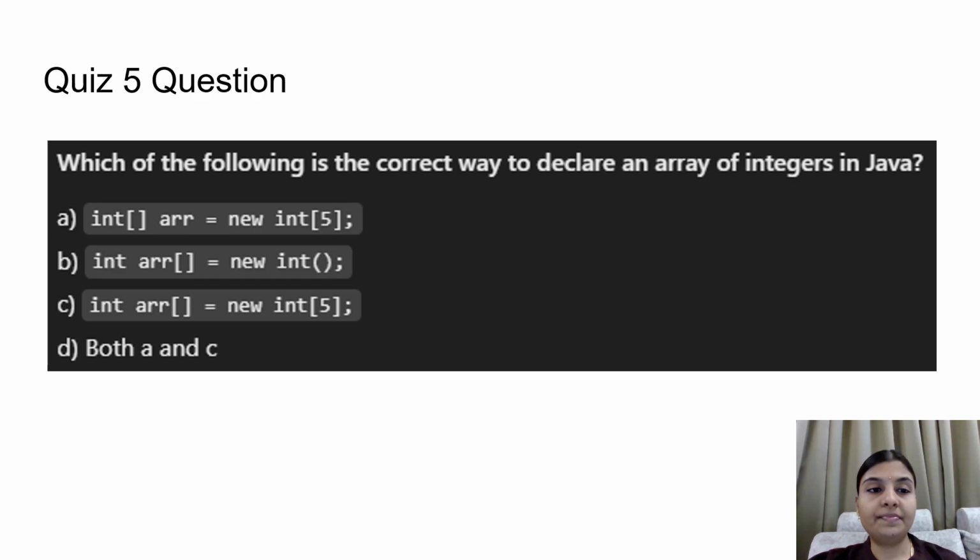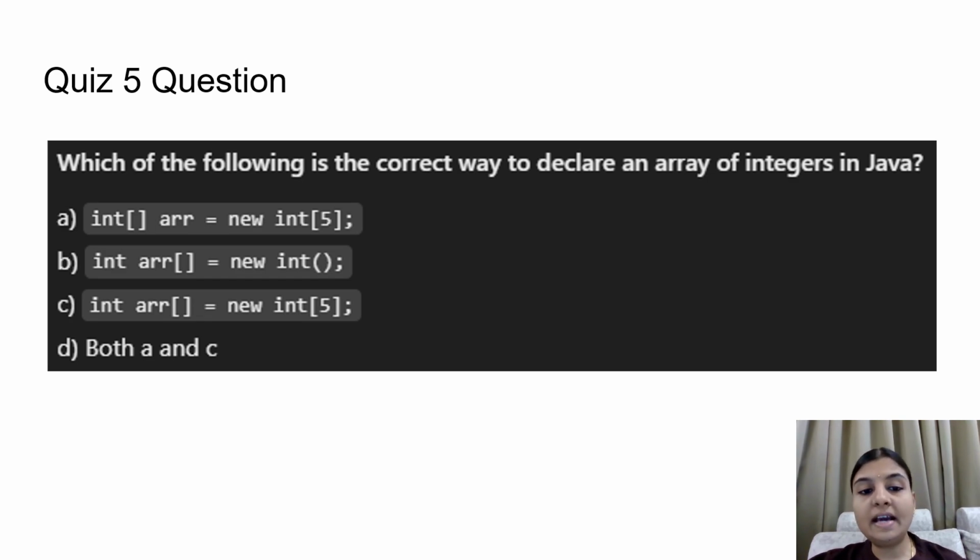And which of the following is the correct way to declare an array of integers in Java? In Java, if we need to declare an array, then we need to follow the syntax given in A and C. Both are right, because here we have the data type, the array name, equal to, and for creating an array we also need to use the new keyword, then the data type mentioning the size of the array.